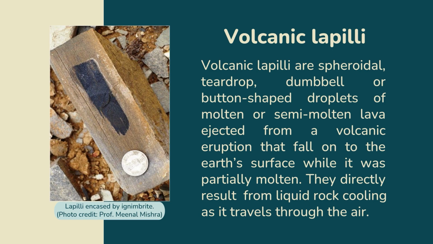Lapilli are spheroidal, teardrop, dumbbell or button shaped droplets of molten and semi-molten lava ejected from volcanic eruption that fall onto the earth's surface while it was partially molten. They directly result from liquid rock cooling as it travels through the air. This is the photograph of a volcanic lapilli.